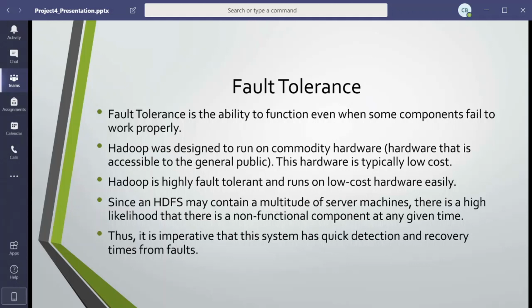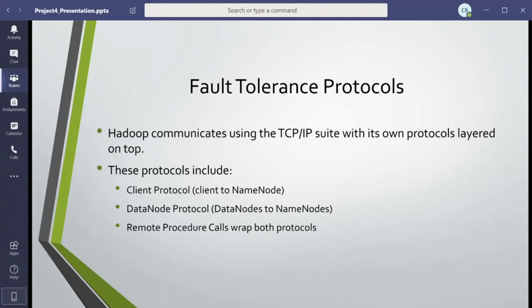So next we're going to talk about fault tolerance protocols, the protocols that HDFS uses to communicate. Hadoop communicates using the TCP/IP suite. This suite is the basic protocol layers that every data communication software or system uses.